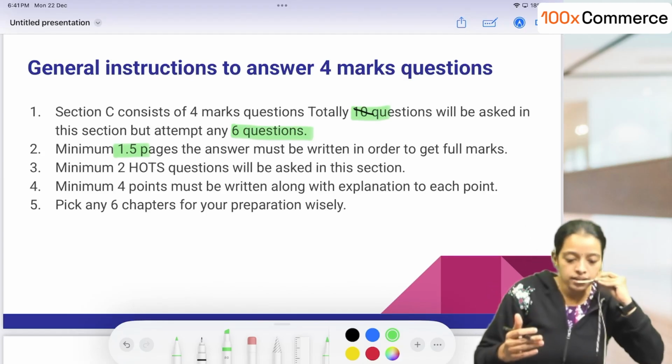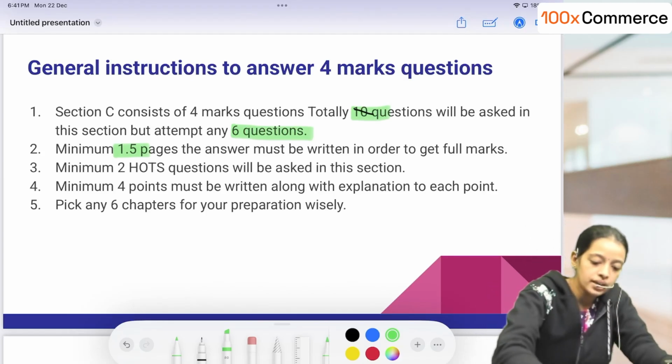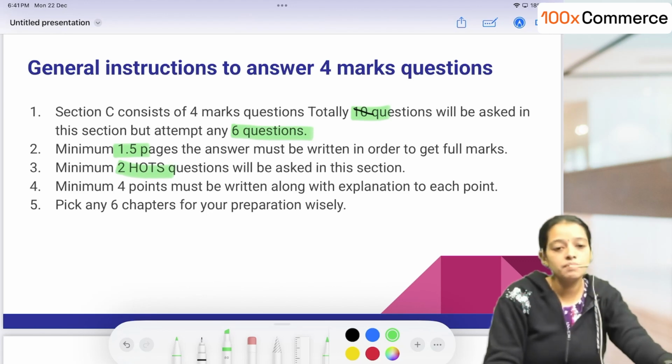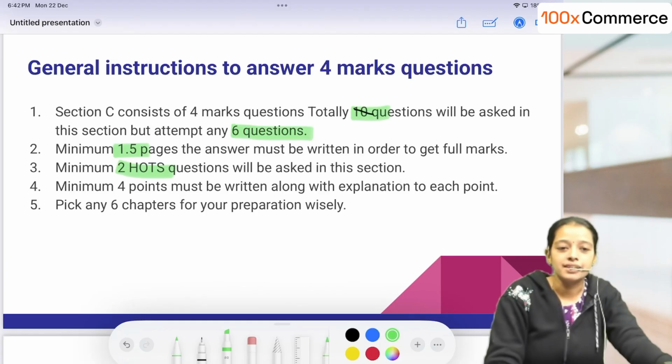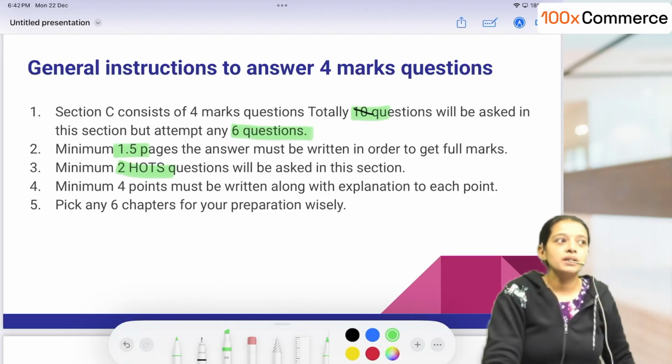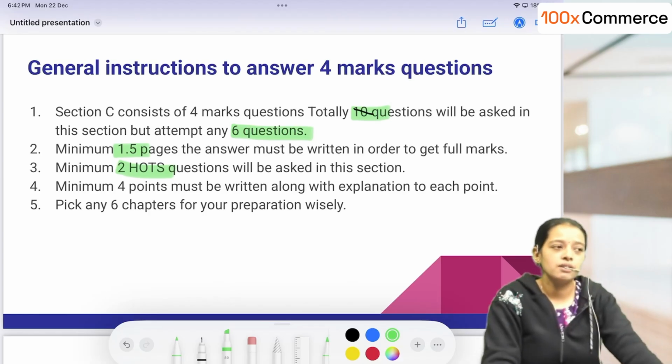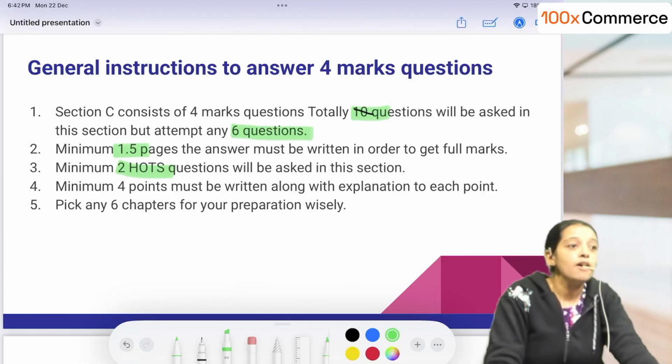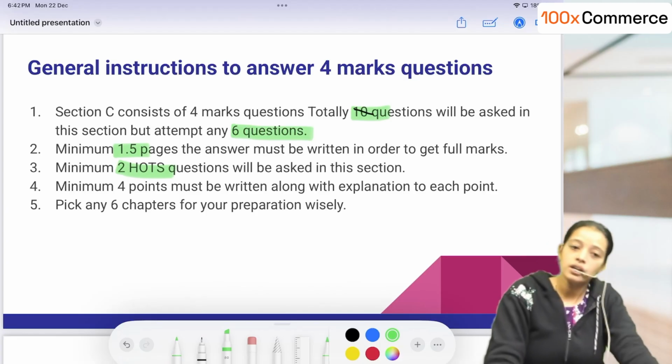Next, you are getting minimum 2 HOTS questions, that is, higher order thinking skill questions, your case study based questions. One question will be coming from your business environment chapter or staffing chapter or controlling chapter.